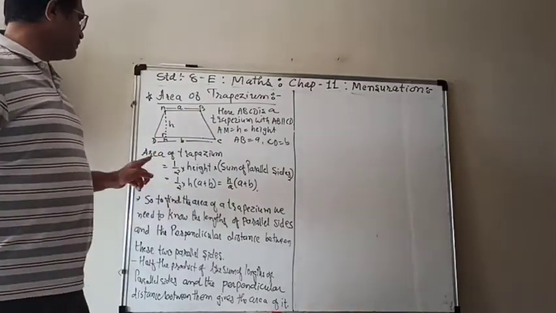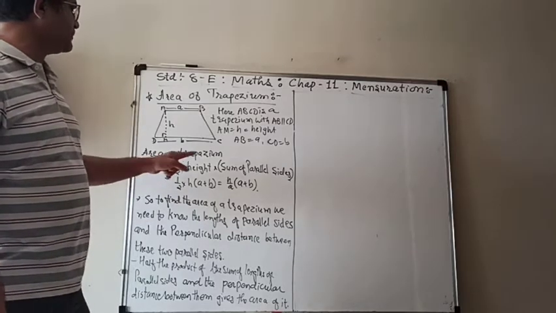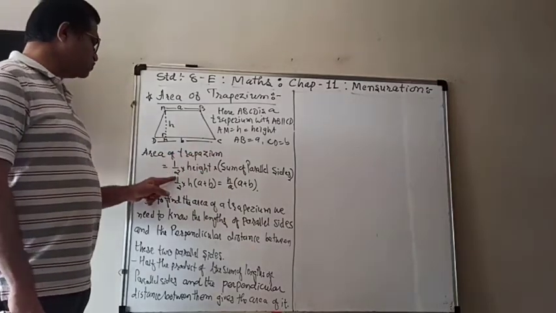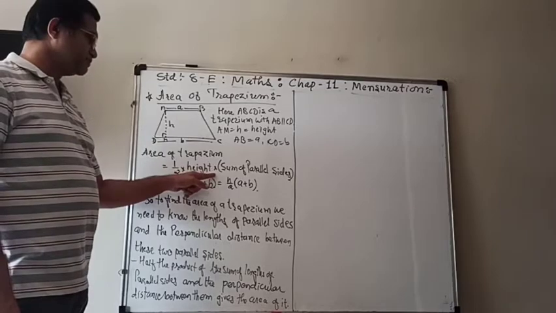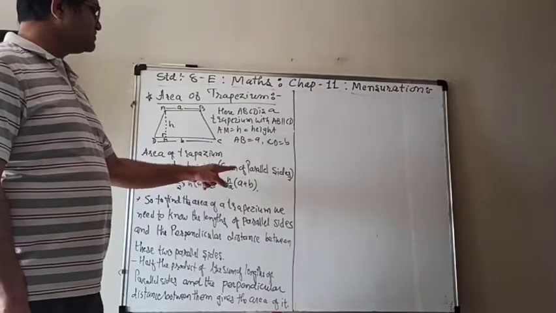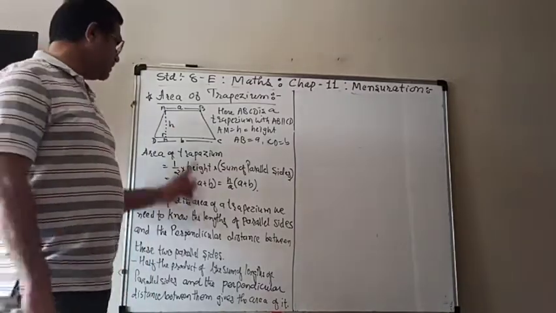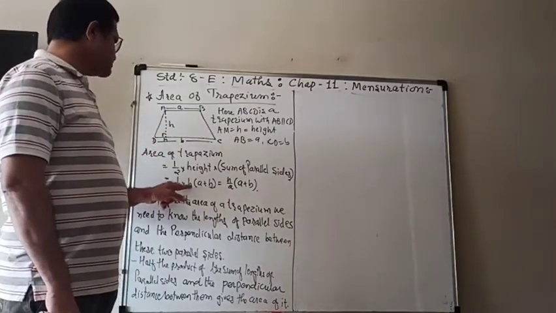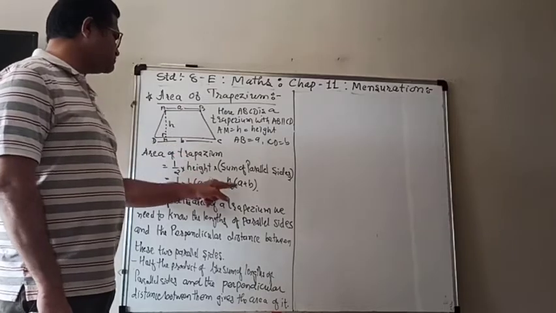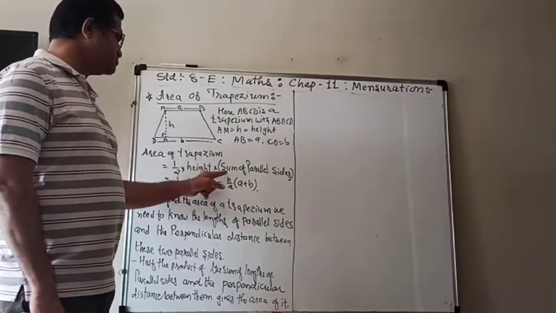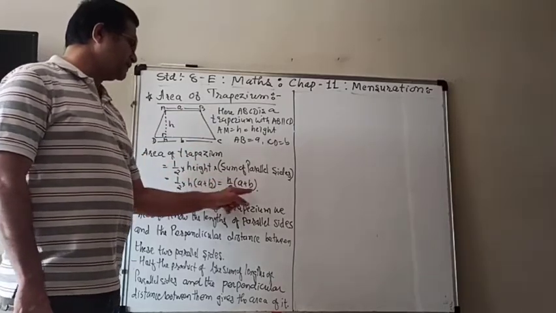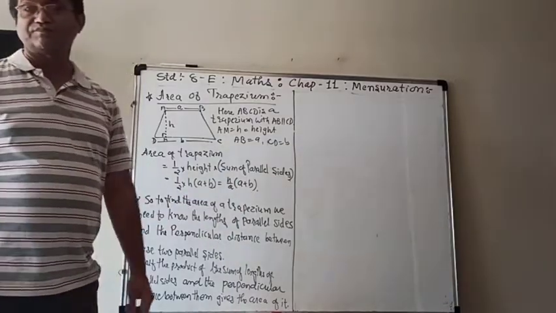So the formula is that area of trapezium is equal to 1 by 2 multiplied by height multiplied by the sum of parallel sides. Here height is h, parallel sides values are a plus b. So it is h upon 2 into bracket a plus b.